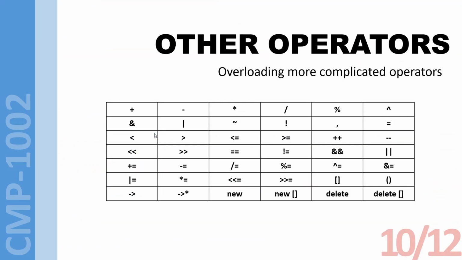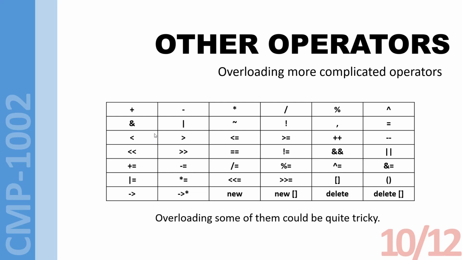So the thing is, other operators, if you are trying to overload more complicated things, then things start to become a bit tricky. That's why I will not go into the details about those things. Maybe in some future lecture, I think it's gonna be more suitable for an advanced C++ course: overloading the square brackets, regular parentheses, new and delete, new and delete with the square brackets, things like that.